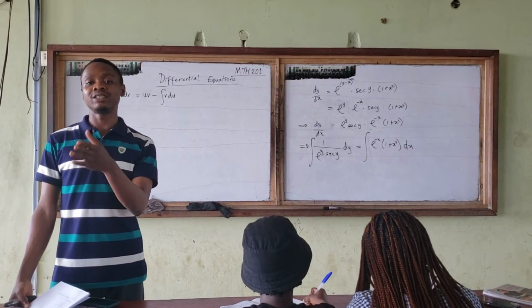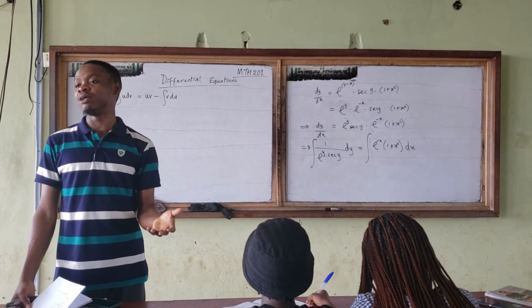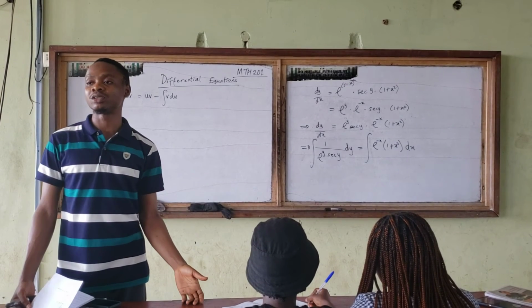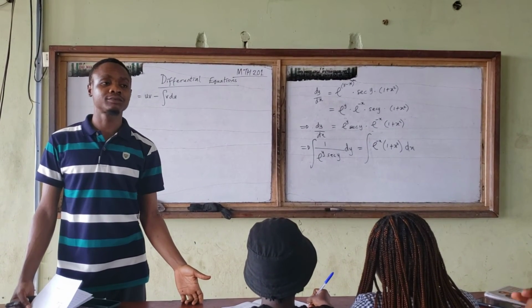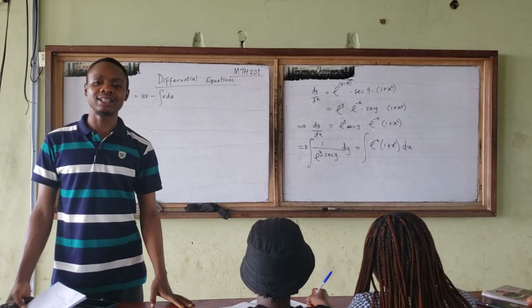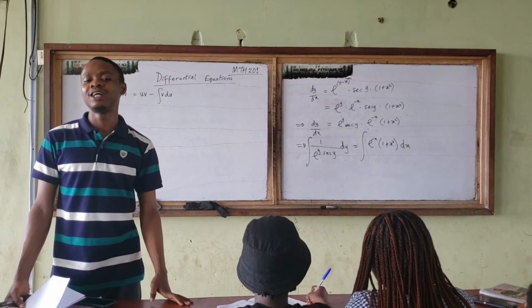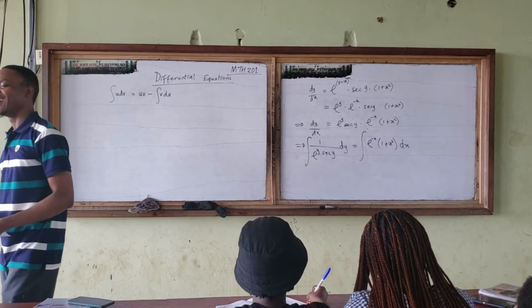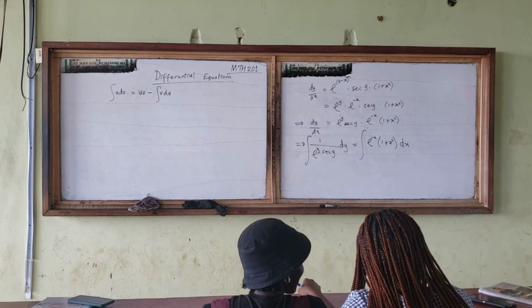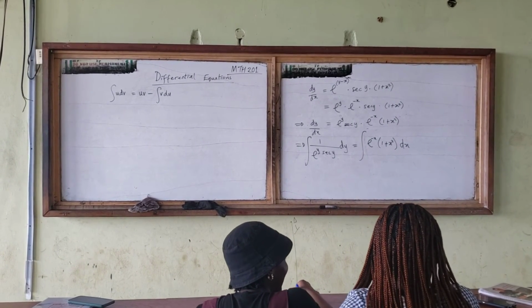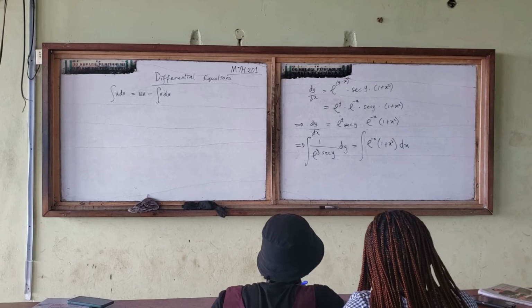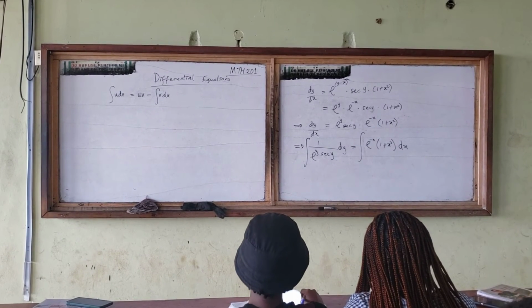Just differentiate the options and see which of them will give you the differential equation. So if you are given this kind of thing, you can look at the options, differentiate, and the one that satisfies the equation is the answer. Then move on.